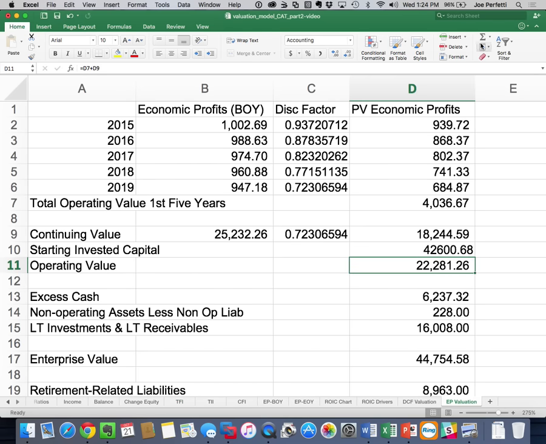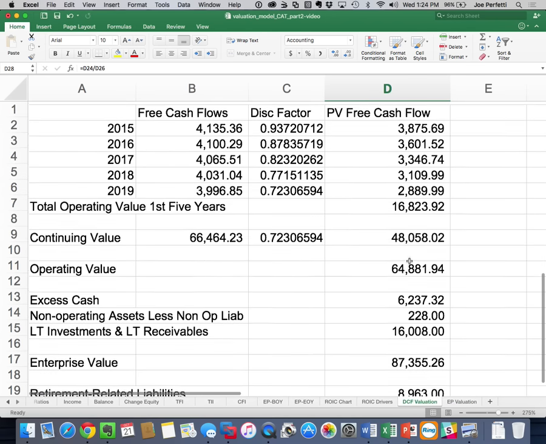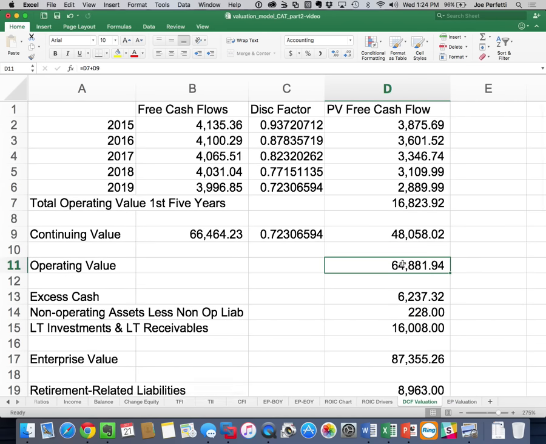So if I add together those 3 numbers, the change in value the first 5 years, the change in value in the continuing value period, and the initial invested capital, I get the operating value of CAT, 64,881.94, which is the same on the DCF tab as the 64,881.94. And it has to be. That's the theory. 2 methods, same valuation, no difference.